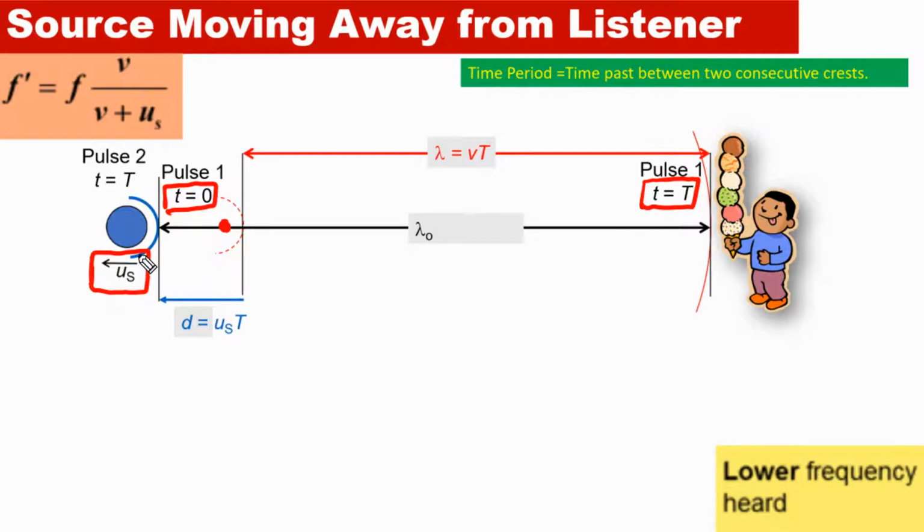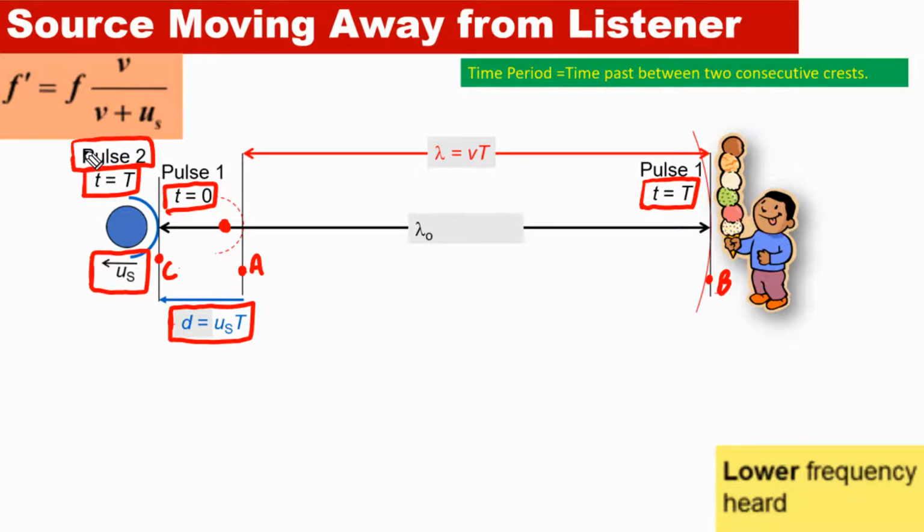source continues moving to the left and reaches this point. In this time period, the distance traveled by the source is equal to u sub s t. Let's say this point is point A, this point is point B and this point is point C. When the source reaches point C after time t equal to capital T, the source produces another pulse.